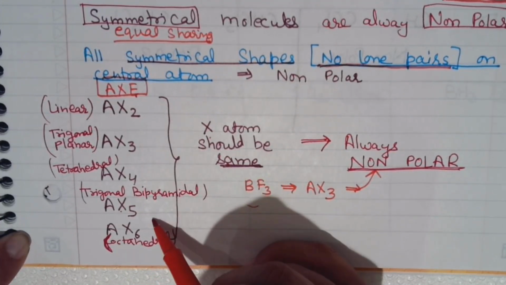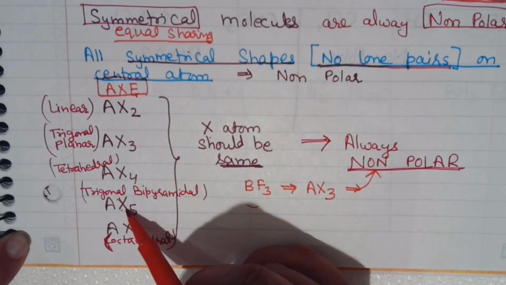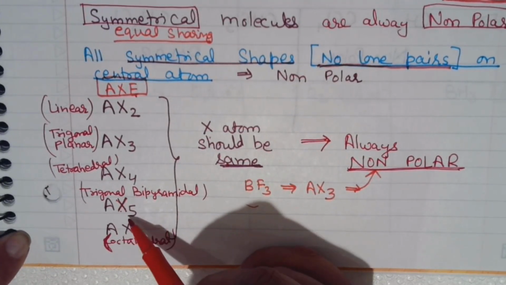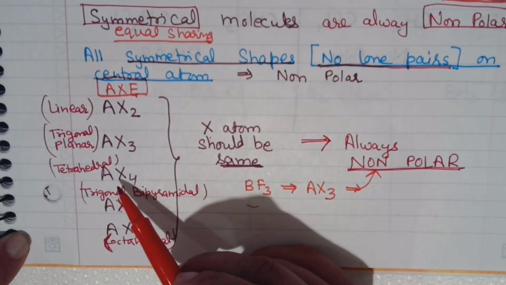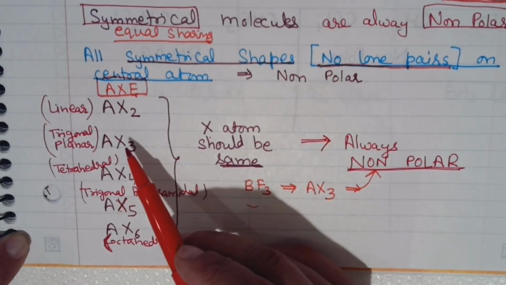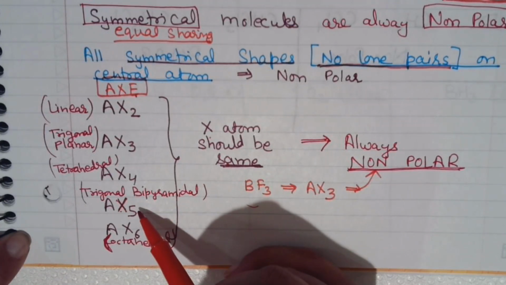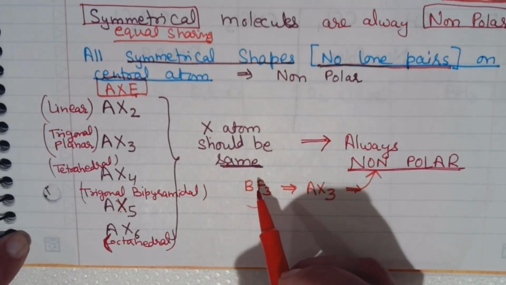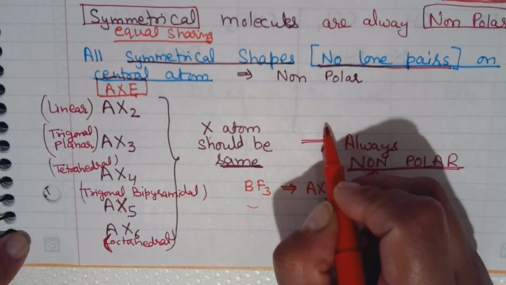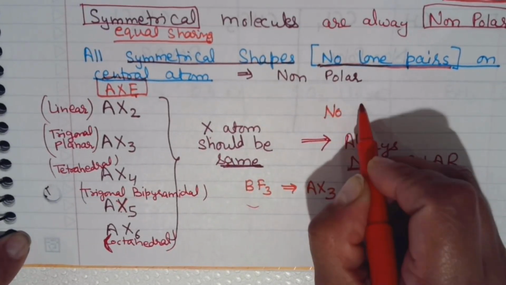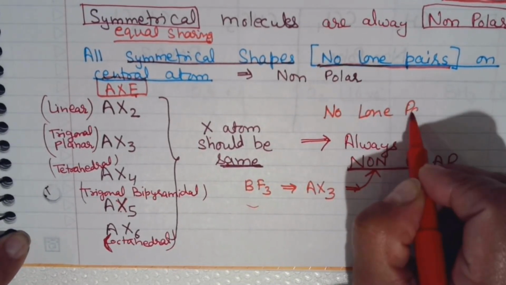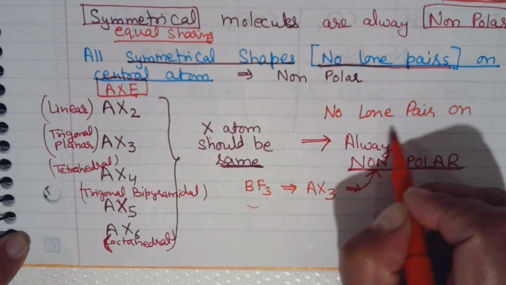All these shapes, when X atom is same, like PCl5, CH4, BF3, CO2, all the X atoms are same, and there is no lone pair on the central atom. So this is the condition: no lone pair on central atom.